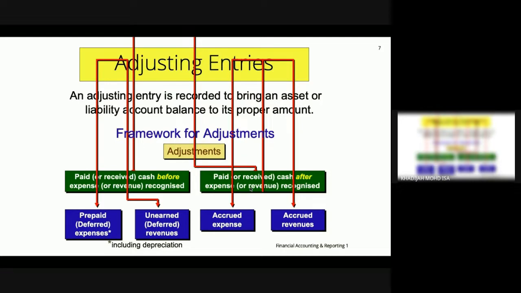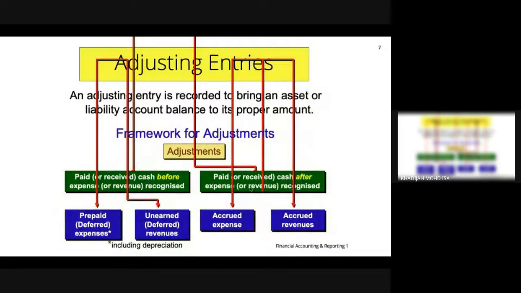So you must remember that you have prepaid expenses and unearned revenue. Prepaid expenses means that you paid for expenses in the current accounting period, but the expenses will be incurred in the future accounting period. Right? So you may pay in advance. Unearned revenue, similarly, you receive cash for services or goods which have not been performed.